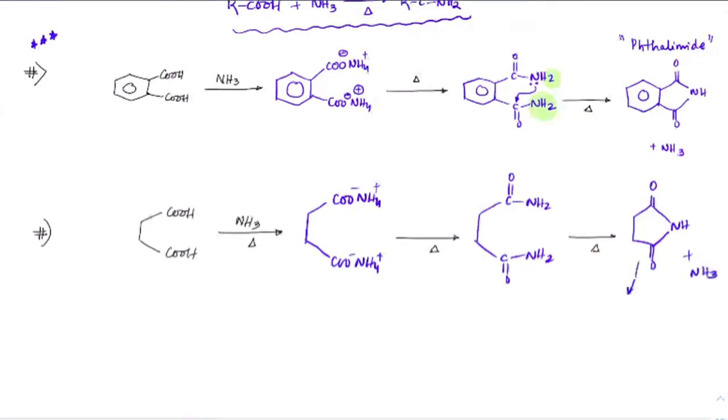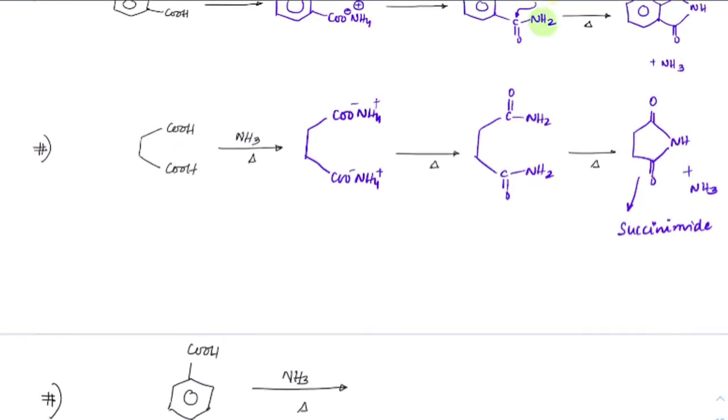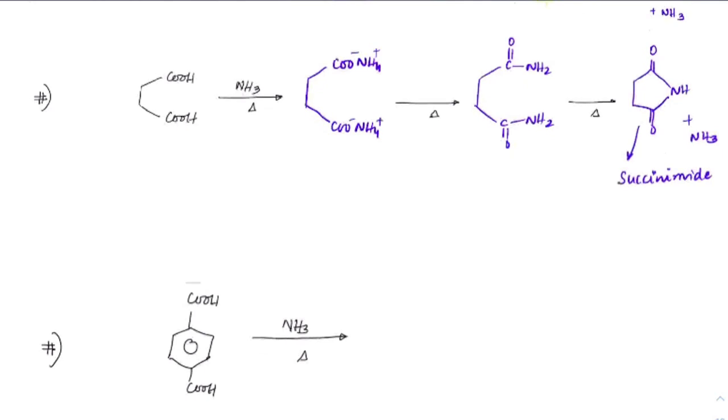What is this one? Succinimide. Basically what we do, we take this succinimide and add it to base. So this N minus will be generated. That we will react with Br2. So we will get N-bromosuccinimide. Got this? Everybody got that? Okay. So this is succinic acid getting succinimide.